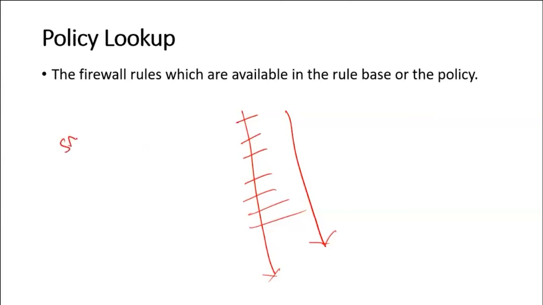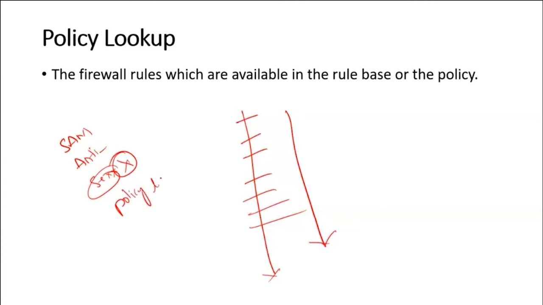First it will check the SAM database, then anti-spoofing, then session lookup. A session is created only if the traffic has already come through, so session lookup will be bypassed for a new connection. For a new connection, the session table entry won't be there, so it will come through policy lookup.